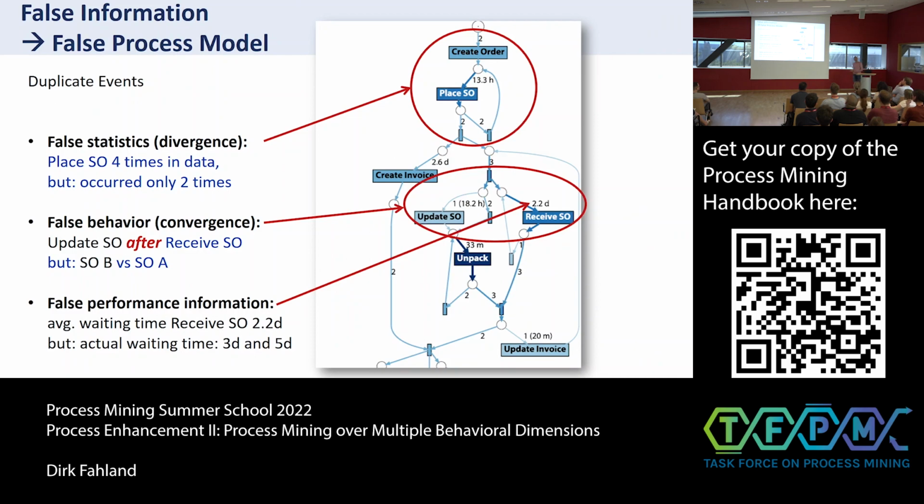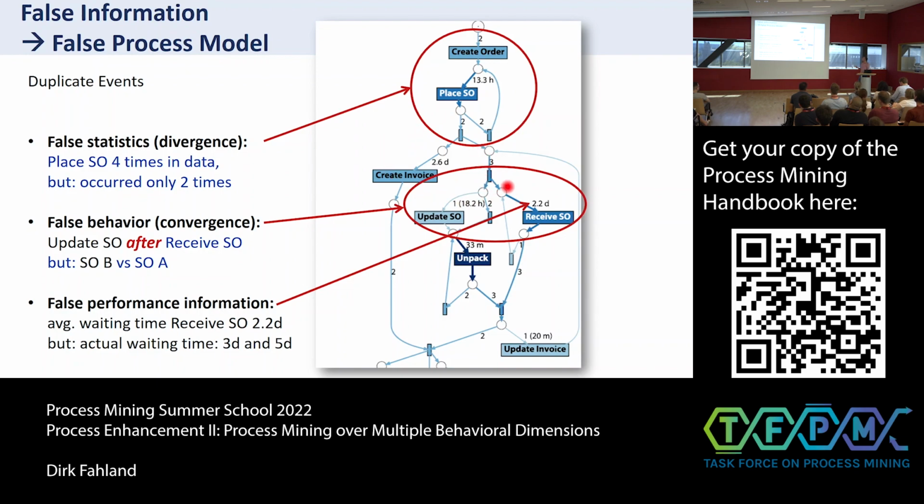So if we give such an event log that's full of this false behavioral information, we get false process models. I see here a loop around placing the supplier order. Right? I have two cases where I've created an order, but then I have this loop around here that says multiple placement of supplier orders, which is wrong. I didn't really do that. I didn't place 4 supply orders. I placed 2.